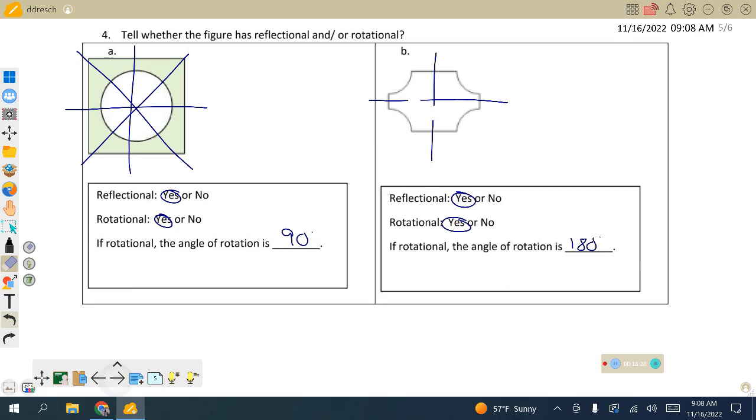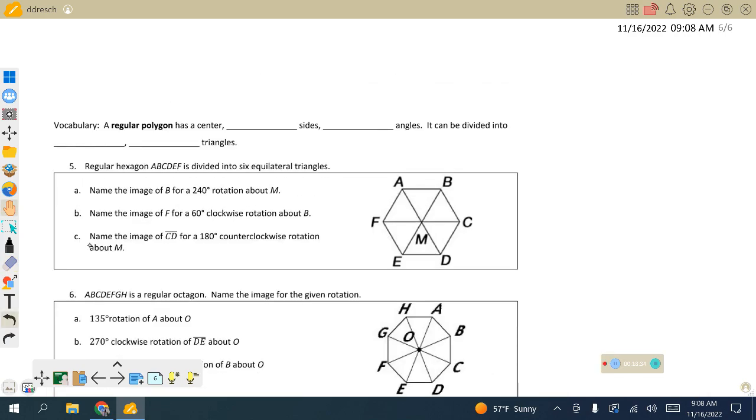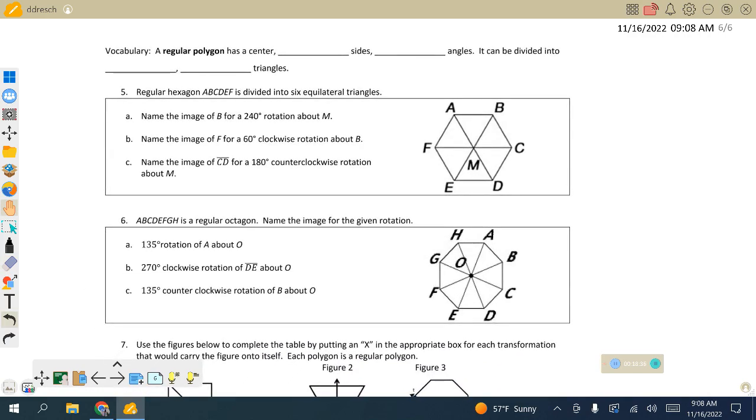Let's flip it. Let's take a look on the back side now. All right, this is a little bit of a warm up on the other side. Now we've already briefly talked about these over the last couple days. The polygons that we were looking at, we said a hexagon, we said a pentagon, but these are actually all what we call regular polygons. As you look at all these on this side, these are all regular polygons.